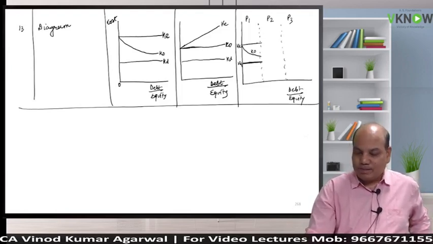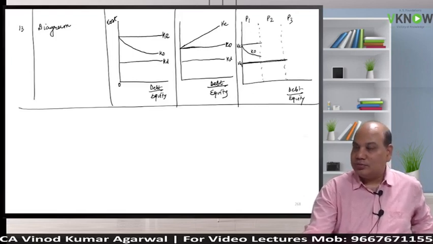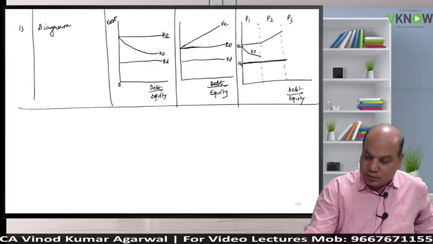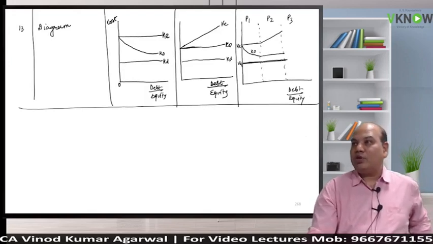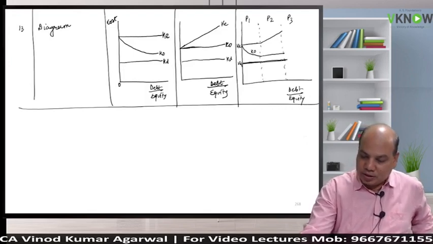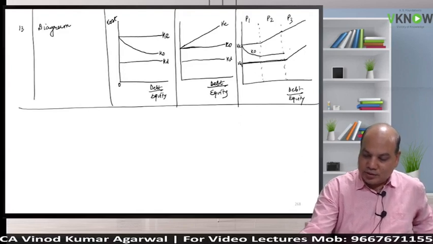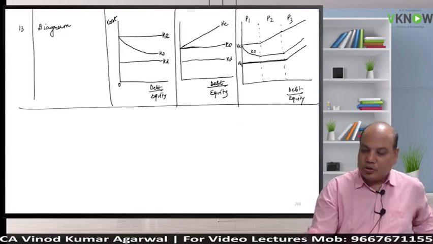Phase 2, KD is still constant, KE will rise, KO will become constant. Phase 3, KD will rise, KE will rise, so KO will also start rising.